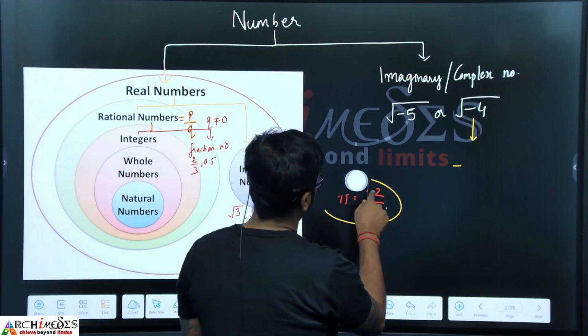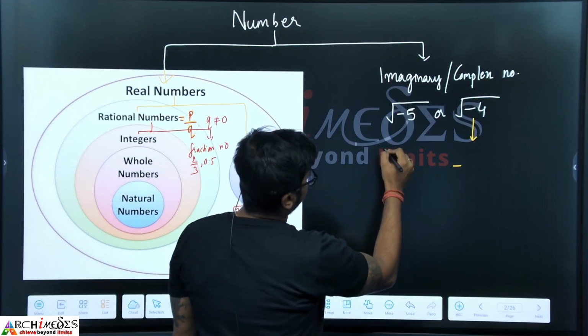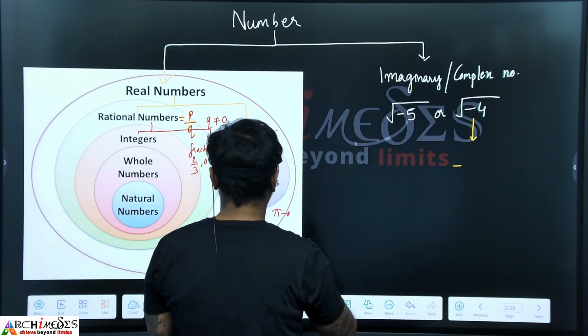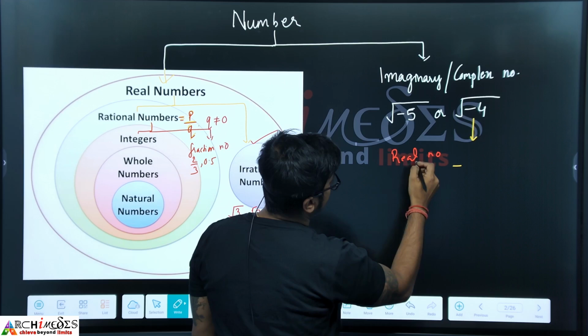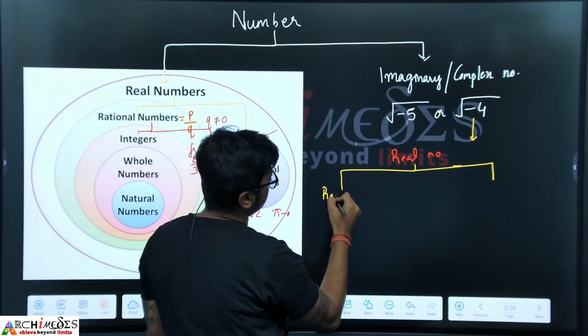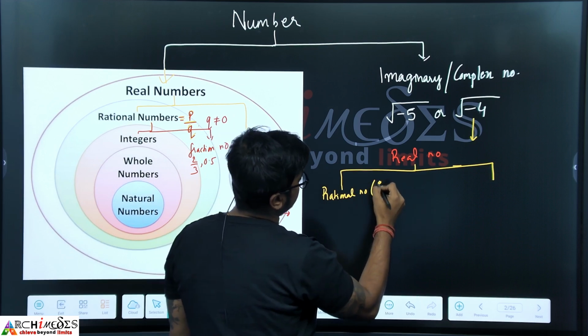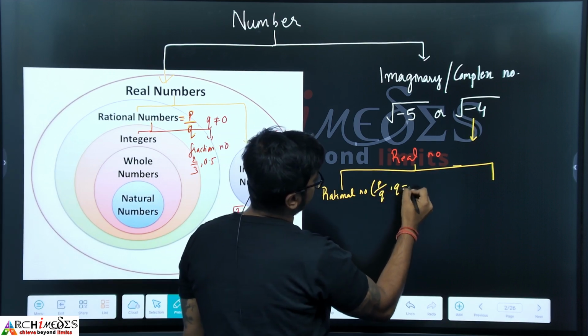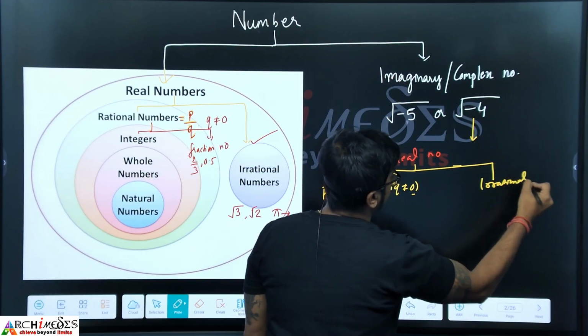So now look over here, real number. Now a real number is divided into how many parts? Two parts. One is a rational number, which can be written in the form of p by q, where q is not equal to 0. Another one cannot be written in the form of p by q.